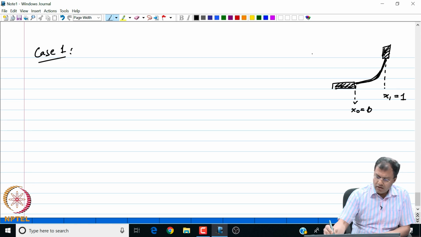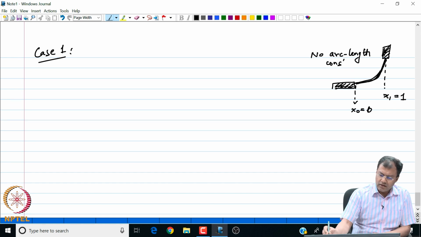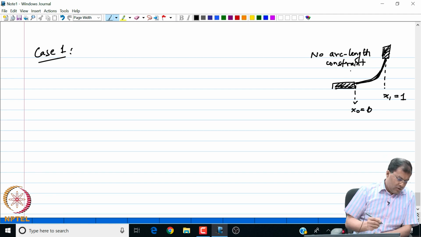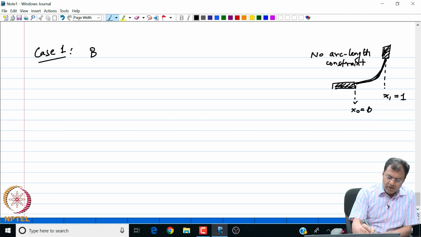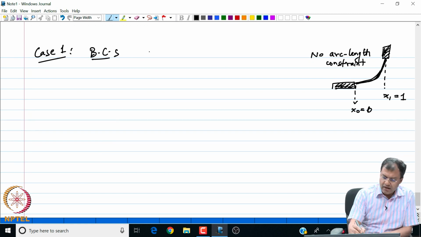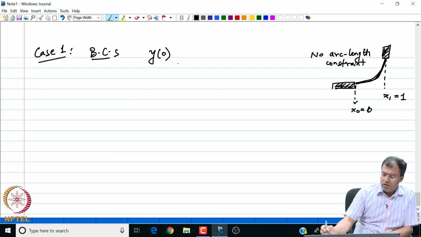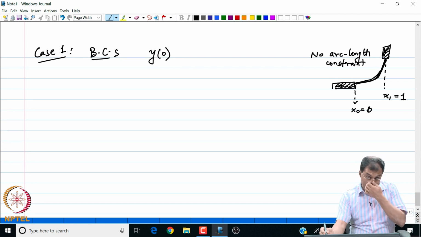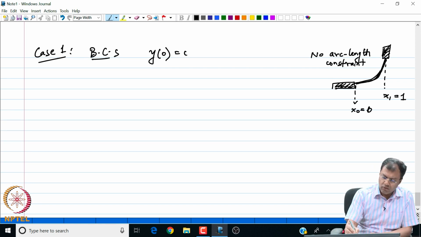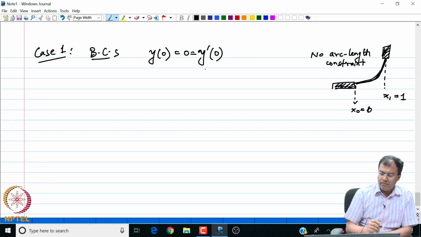We see that we are not imposing an arc length constraint at this point. This is a case where we impose fixed point boundary conditions. Let us assume that y at x equal to 0 is 0, and so is the slope at 0.